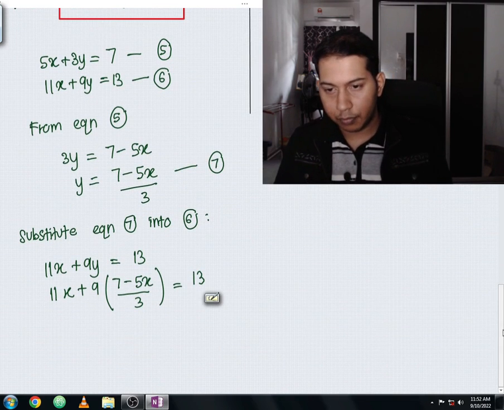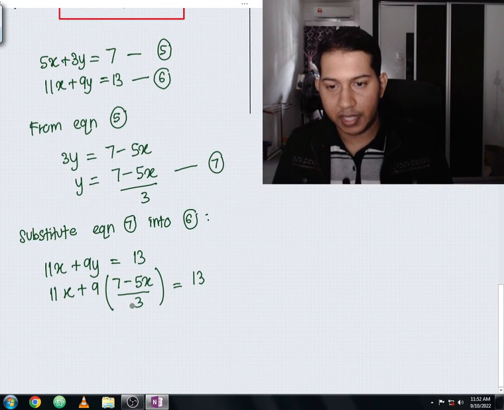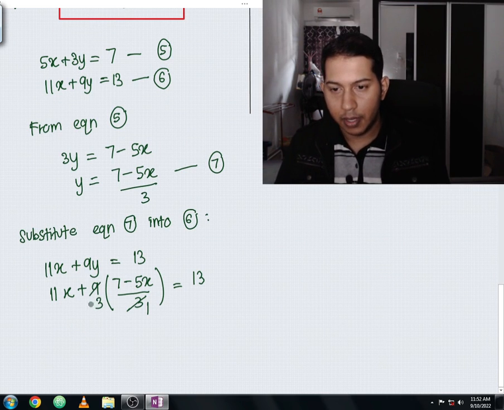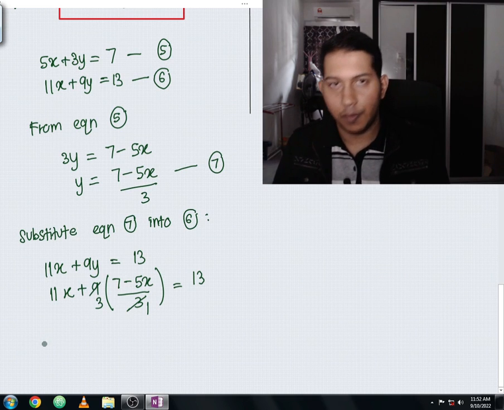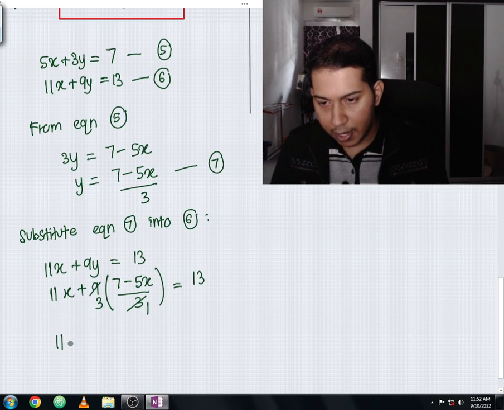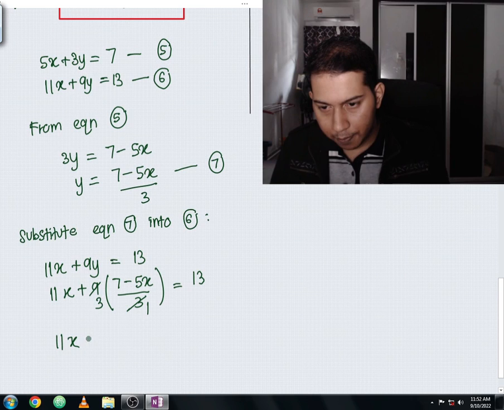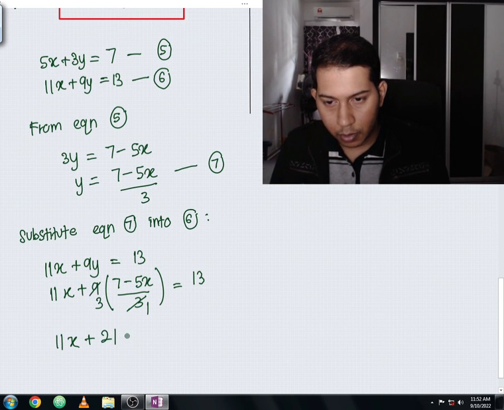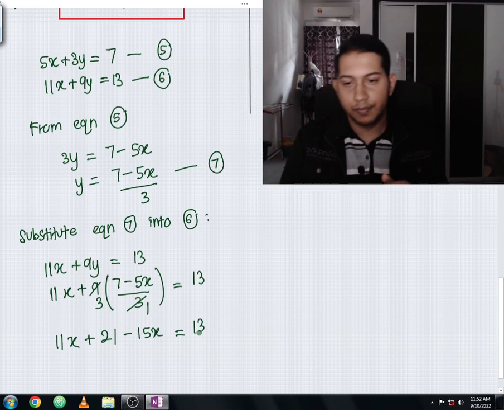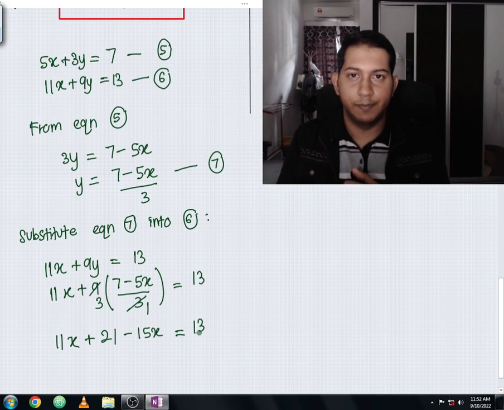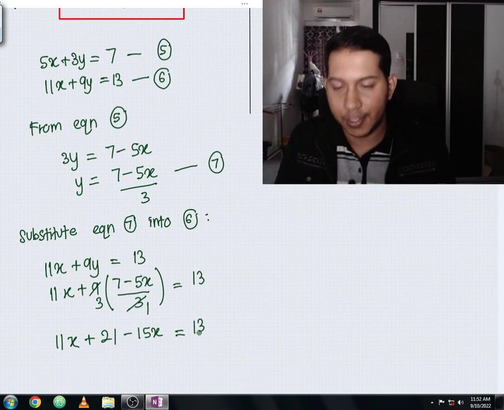From this step, the 3 you simplify to get 1, the 9 you simplify to get 3. So the 3 you times in, you perform the expansion. From here, 11x plus 21 minus 15x equals 13. We are very close to our solution for the x variable.